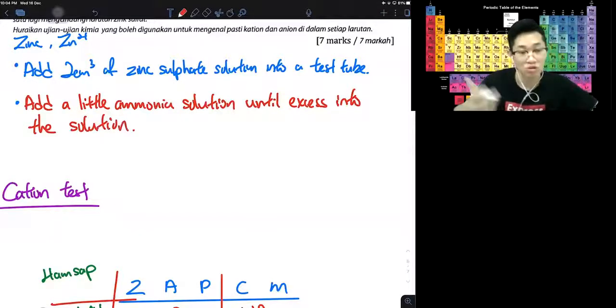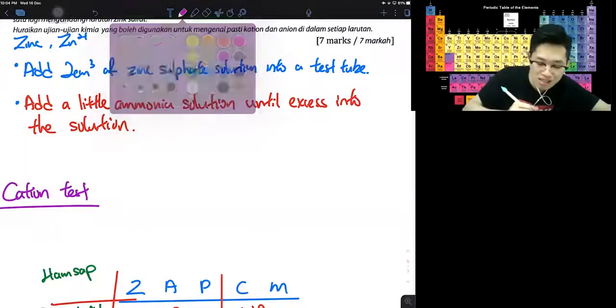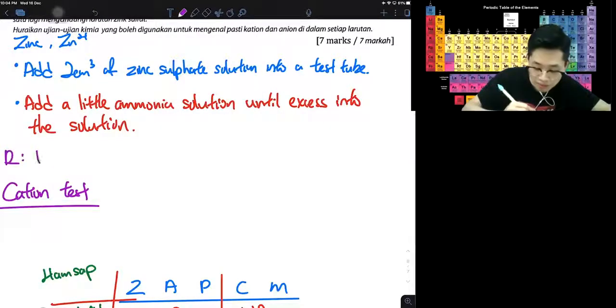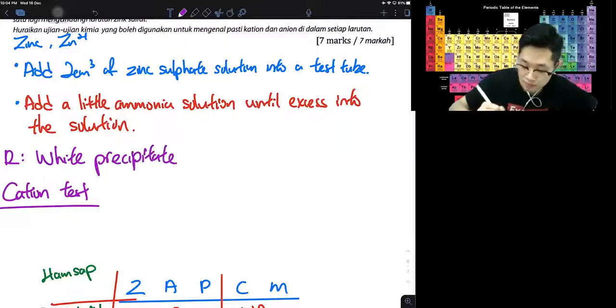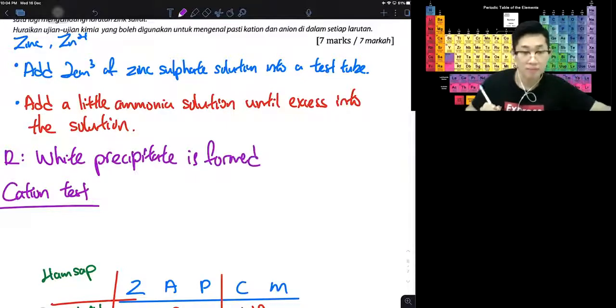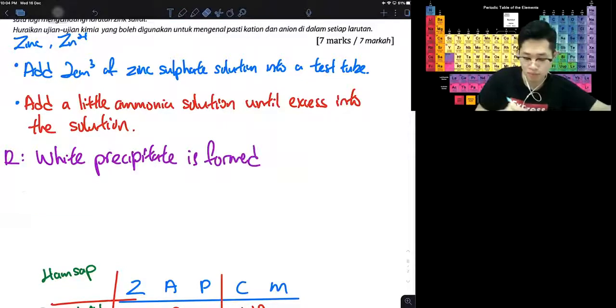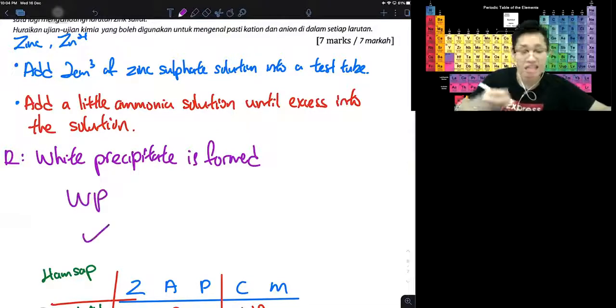Okay, I add this into the solution. My result is WP, white precipitate. So white precipitate is formed. WP, what is tick? Tick means dissolve.